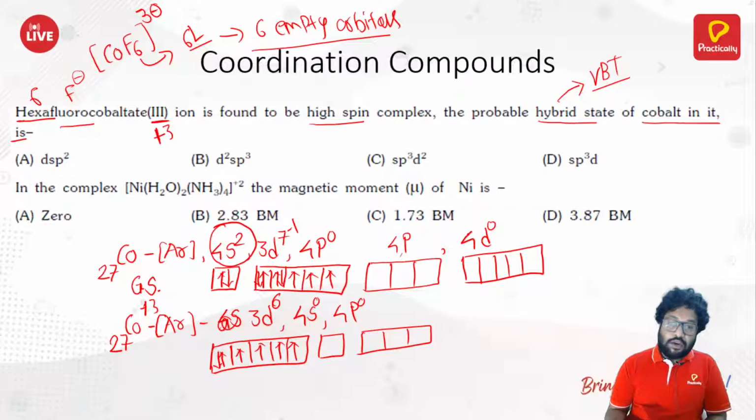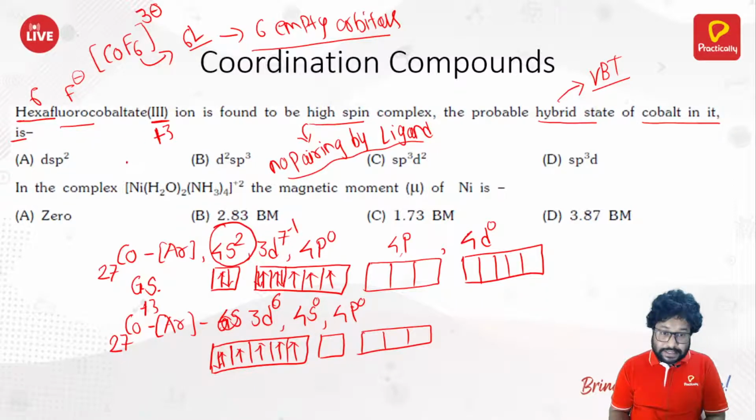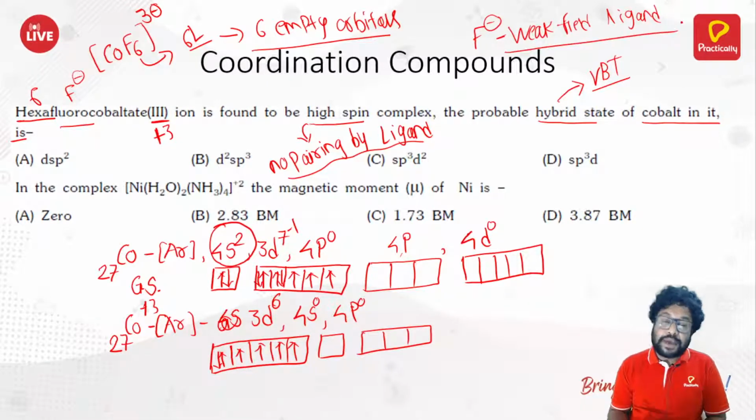Now look, they have already told us it's a high spin complex. What is meant by high spin? High spin means there is no pairing by the ligand. The ligand does not cause any pairing here, because F minus is a weak field ligand, and weak field ligands do not cause any pairing.